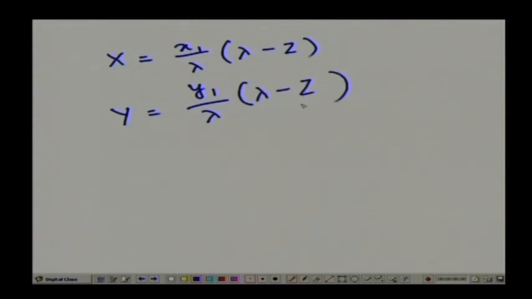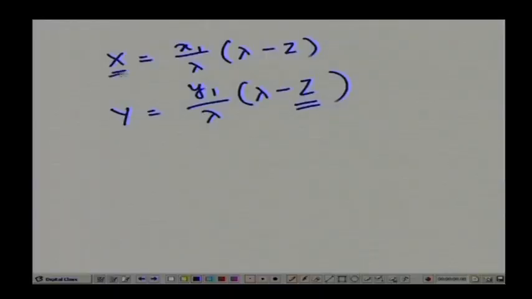So, first we have computed the value of z from the knowledge of disparity, camera focal length and the displacement between the cameras, and then from this value of z and the image coordinates in the left image, that is x 1 y 1, I can find out the x coordinate value and y coordinate value of that particular 3D point.